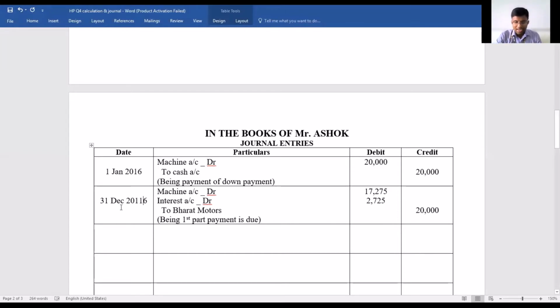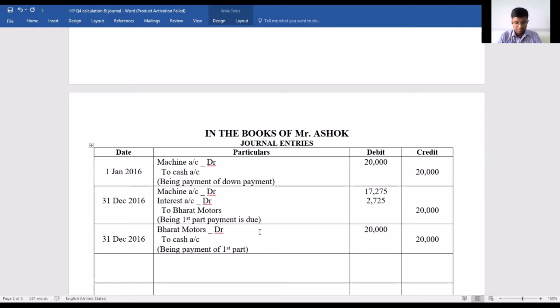Now, the next entry that we would be passing would be for releasing the payment to the vendor. So, Bharat Motors debited 20,000 to cash account, and this is 20,000 being payment of first part.